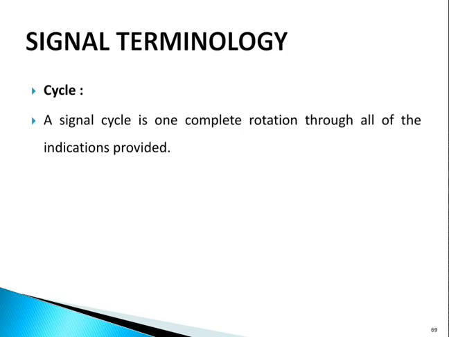Now let us see some important signal terminology. So the first one is cycle. A signal cycle is one complete rotation through all of the indications provided.